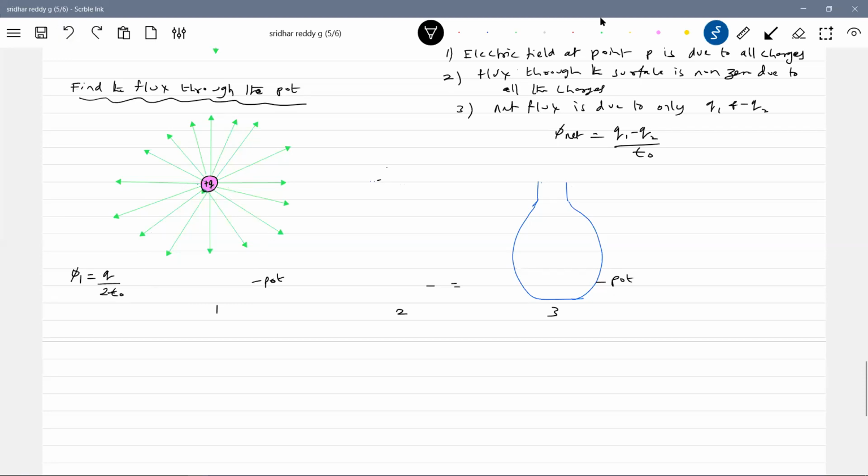Not appearing like it. Oh, I'm unable to draw the shape. It doesn't matter, sir. Some rough diagram is also okay. Yeah, fine.